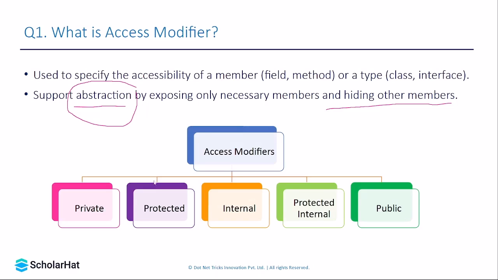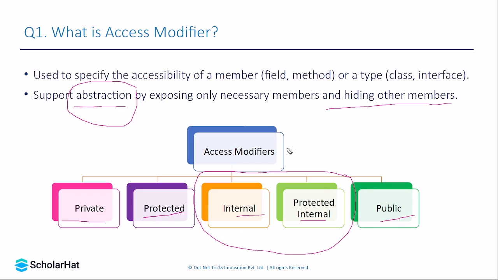In the C# programming language, there are 5 different types of access modifier, and they are termed as private, protected, internal, protected internal, and public. Students normally get confused with internal and protected internal. So please pay attention when we discuss these two topics. But you can see that these are the 5 types of access modifier we do have in C#.